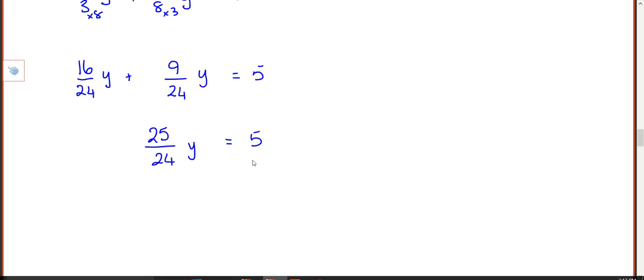A couple of ways. I could do it as a mixed number. It'd be 1 and 1/24. I don't want to do that. I guess what we might need to be aware of, and I know we've talked about this before, 25 over 24y could be 25y over 24.